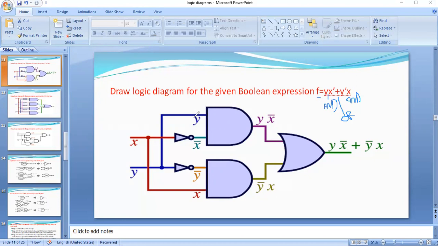For this AND gate, Y is one input. What is the other input? X bar. So what is the output? Y dot X bar. In a similar way, Y bar dot X. After that, you give these two product terms as input to the OR gate, so we get the output function F.